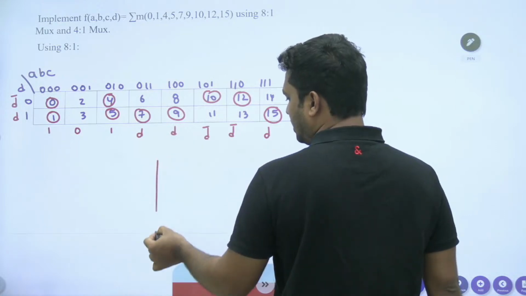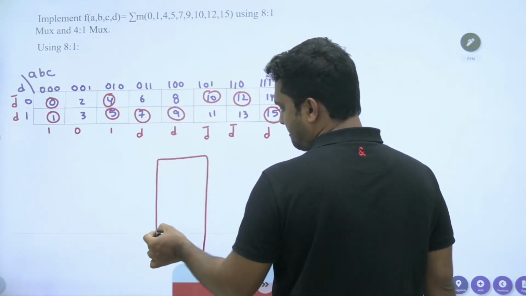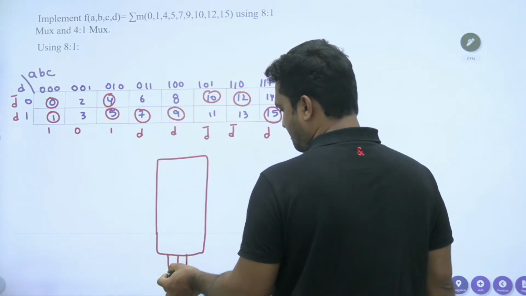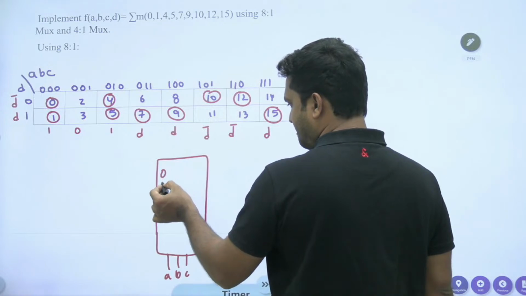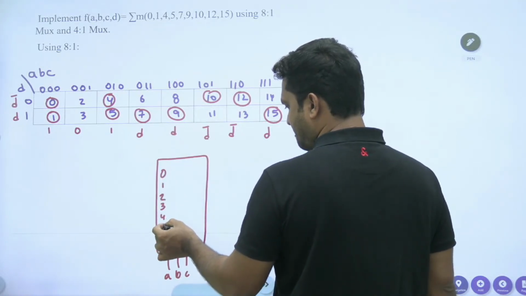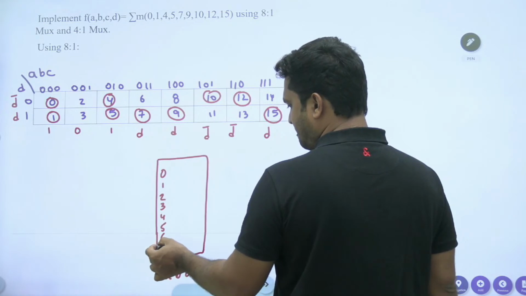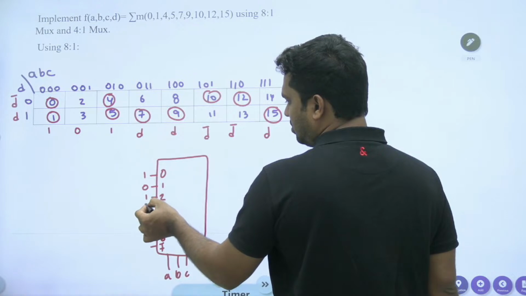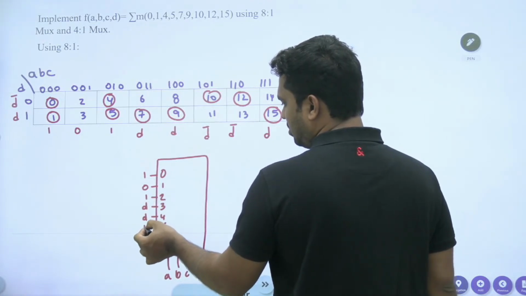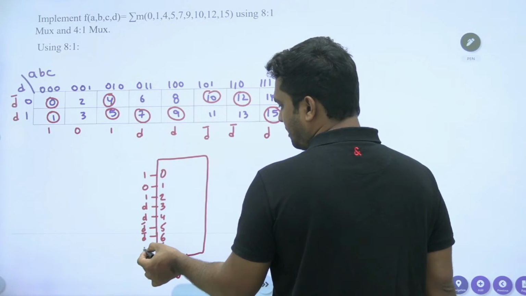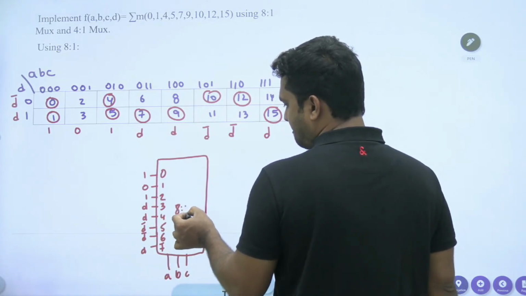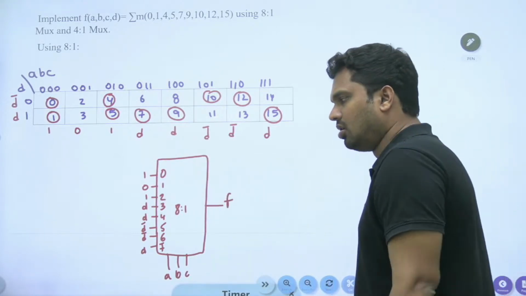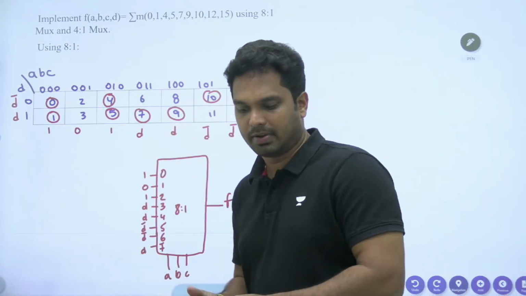So you should take 8 by 1 with inputs 1, 0, 1, D, D, D bar, D bar, D. That's the function. Okay, so this is how you can implement the 4 variable function using 8 by 1 mux.